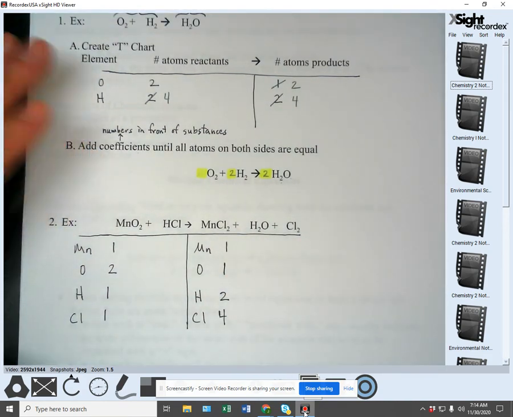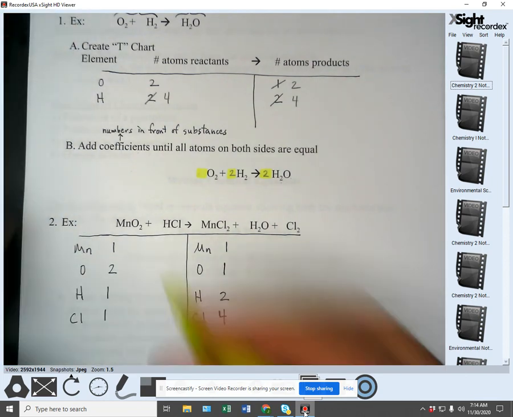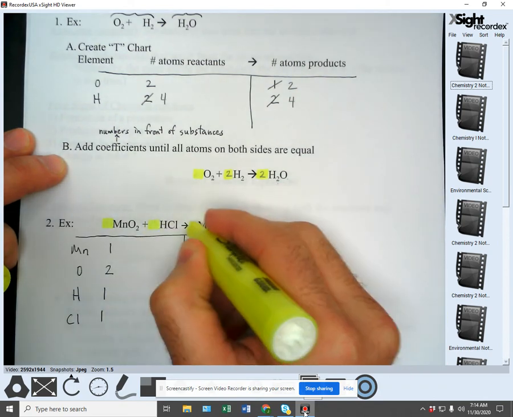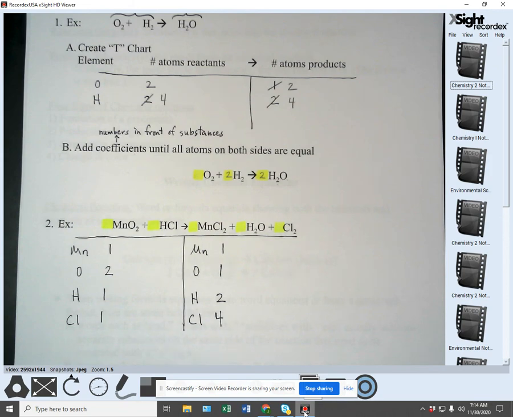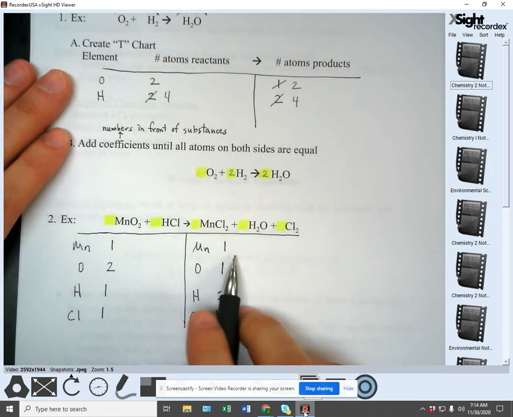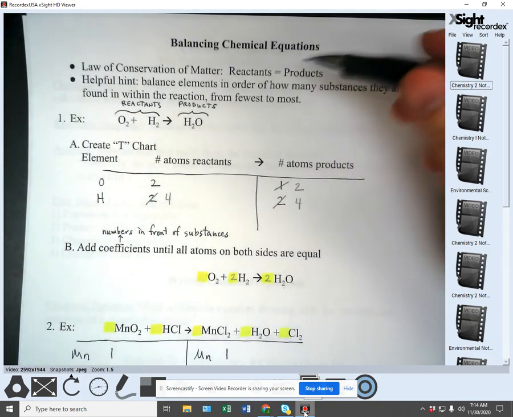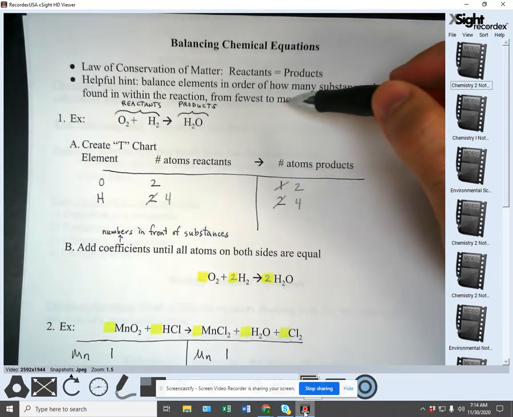Okay? All right, let's do the balancing. So here, I'll highlight in front just so we can watch where we're putting our coefficients again. All right, so my manganese are, okay, so this is the helpful hint part. Balance elements in order of how many substances they are found in within the reaction from fewest to most.